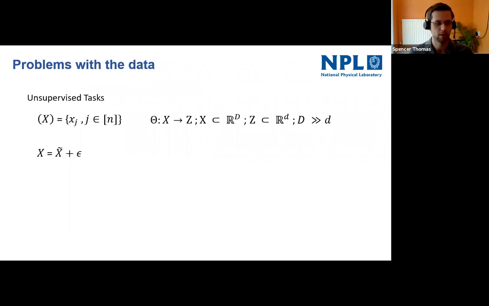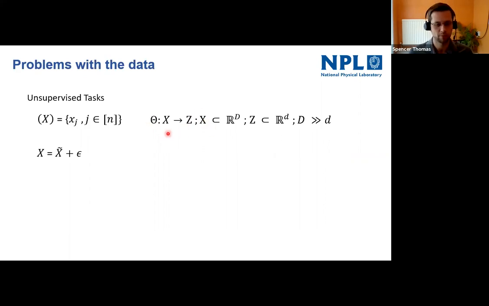Problems with the data, so I mentioned we have uncertainties linked with this. For things like unsupervised tasks where we have some data X and we want to obtain a mapping from our usually high dimensional data to some embedded space, typically a low dimension. That's not always the case, but this is typically what we want to do in unsupervised tasks.